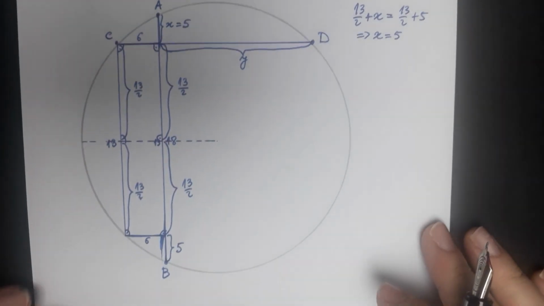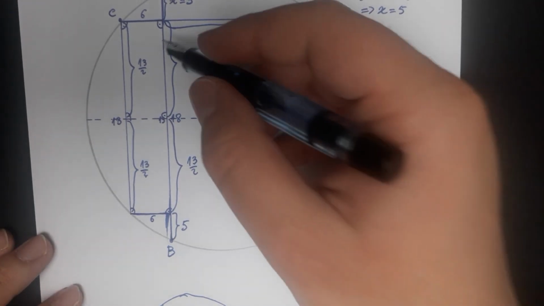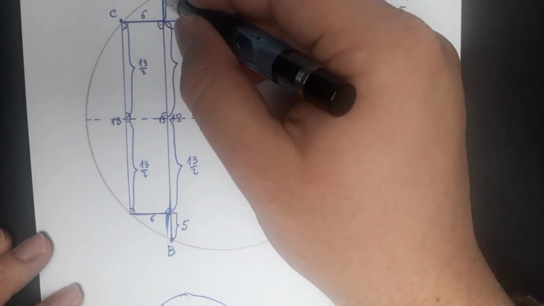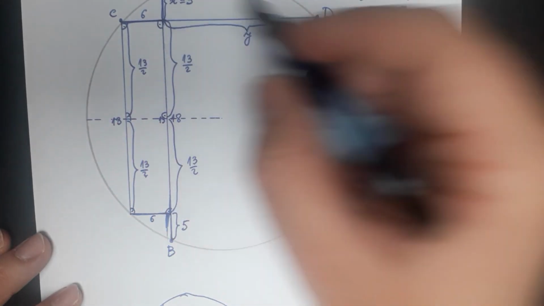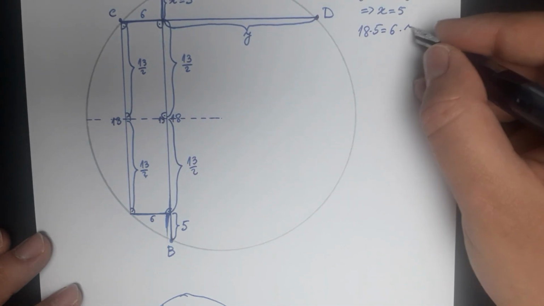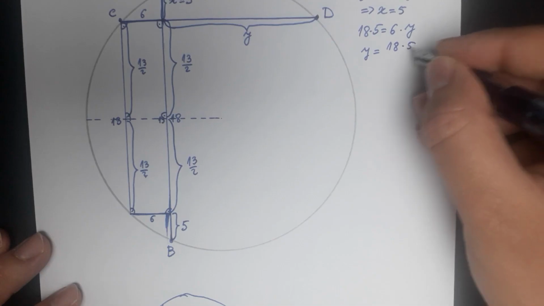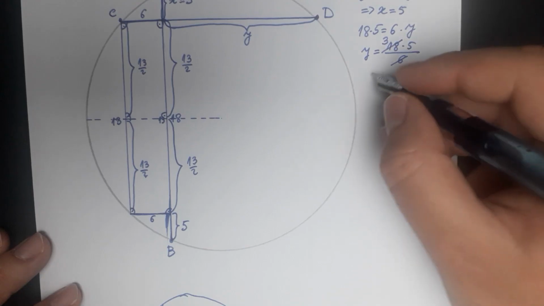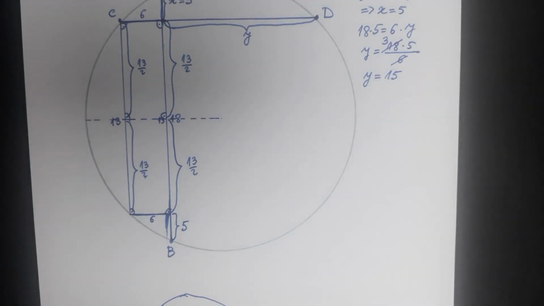What we are going to get is that this length here, which is 18, multiplied by this length here, which is 5, has to be equal to this length here, which is 6, multiplied by this entire length here, which is y. And that is going to give us that y is equal to 18 multiplied by 5 over 6. 6 and 18, that is going to remain 3. And we finally have that y has the length of 15.